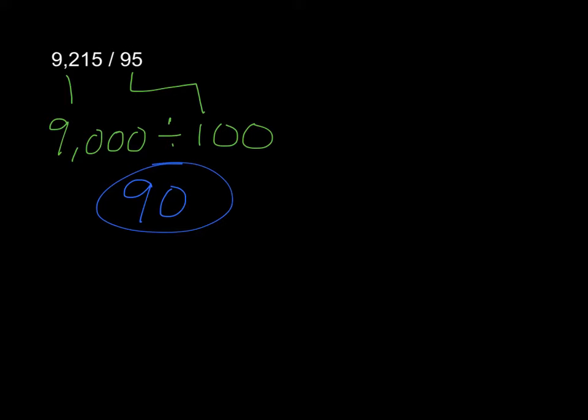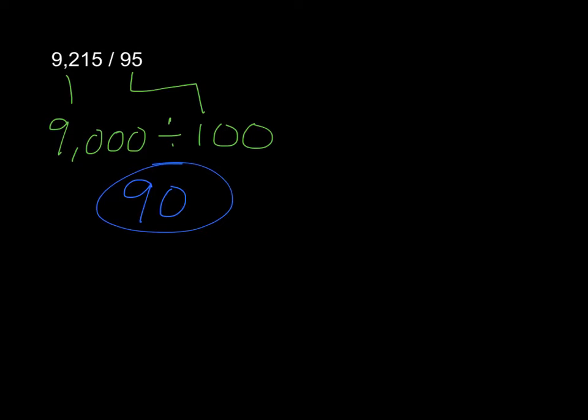What if I wanted to round it a little bit differently? What if I wanted to round 95 to 90? Well, I could still do that. It'll just look a little bit different.